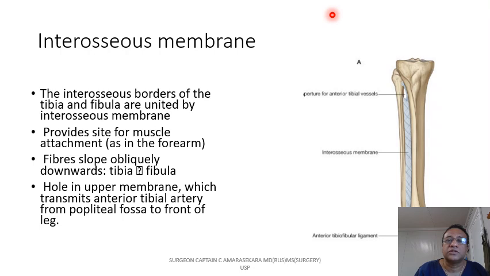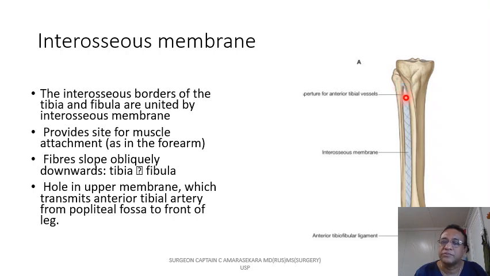You see there's an opening here. This opening in the membrane allows the anterior tibial artery to cross from the popliteal fossa to the anterior compartment. This is an important point to note.